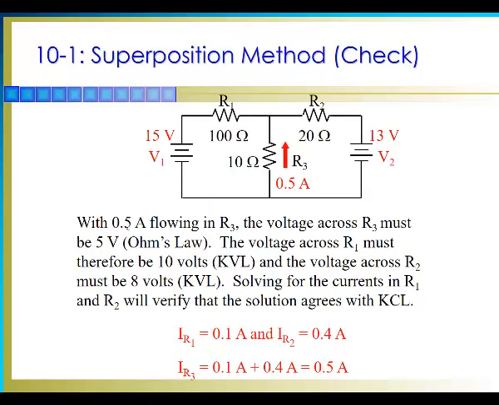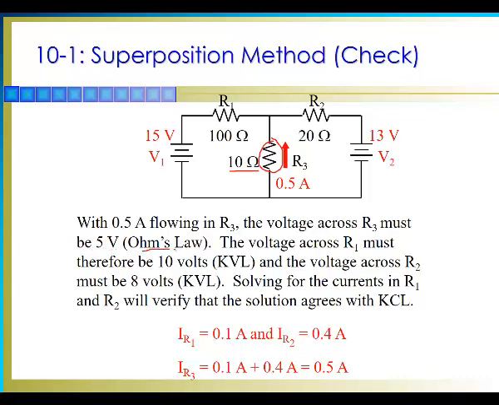So with 0.5 ampere flowing in R3, that means this resistor right here, we know now that the current flowing through here is 0.5 amp. So the voltage across R3 must be 5 volts, because the resistance is 10 ohms. So 10 ohms times 0.5 amps will give you 5 volts.